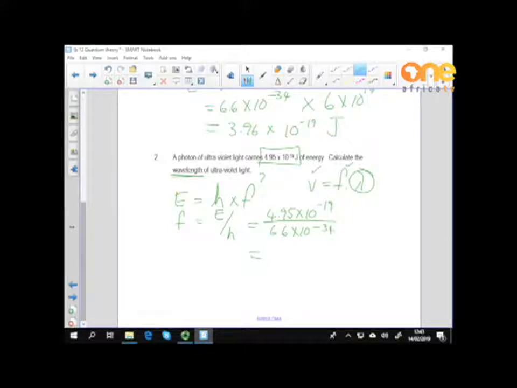Yes, 7.5 times 10 to the power, not negative, 14 is what the frequency must be. If you take minus 34 above the line, it becomes plus 34, minus 19. It can't be negative.